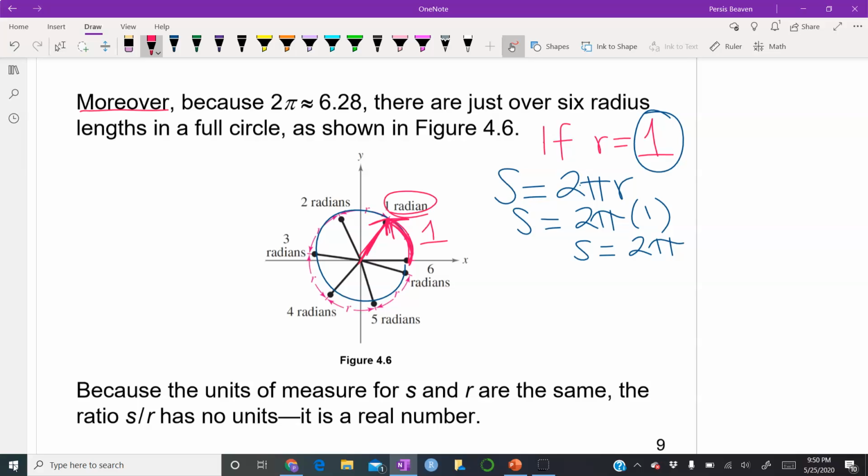which is here. Now, if we do that again, if we were to repeat that arc length, this will be 2 radians. And then once we do it a third time, that will be 3 radians. And so if we do it another time, 4, and that will be 5, and that will be 6.